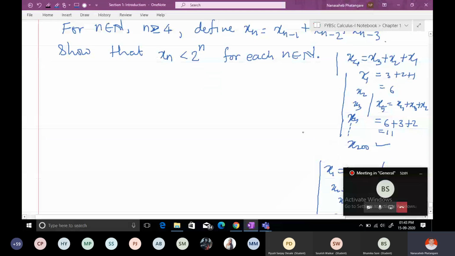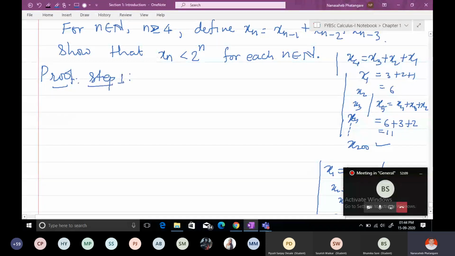So what is the first step? Step 1. Prove for n is equal to 1.